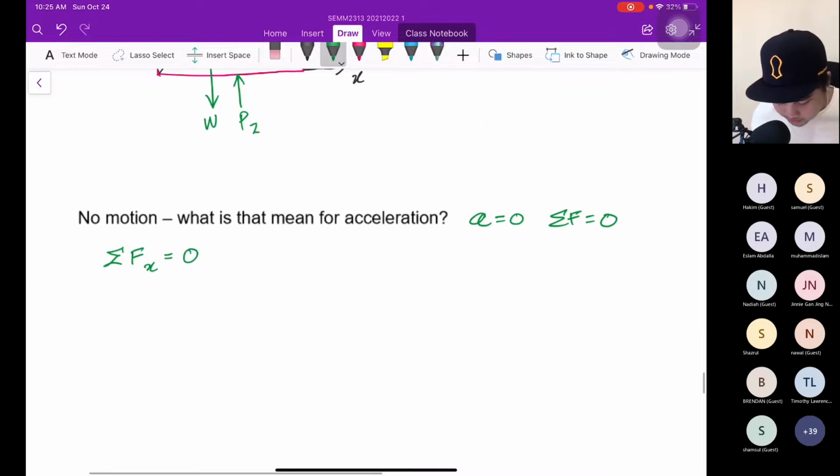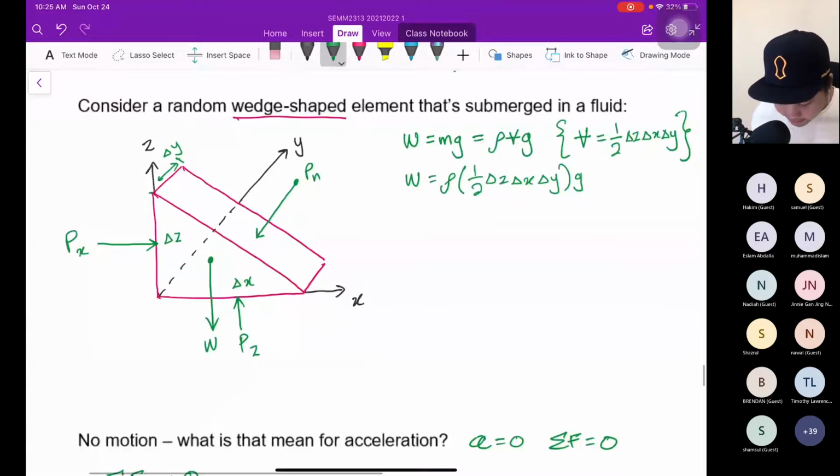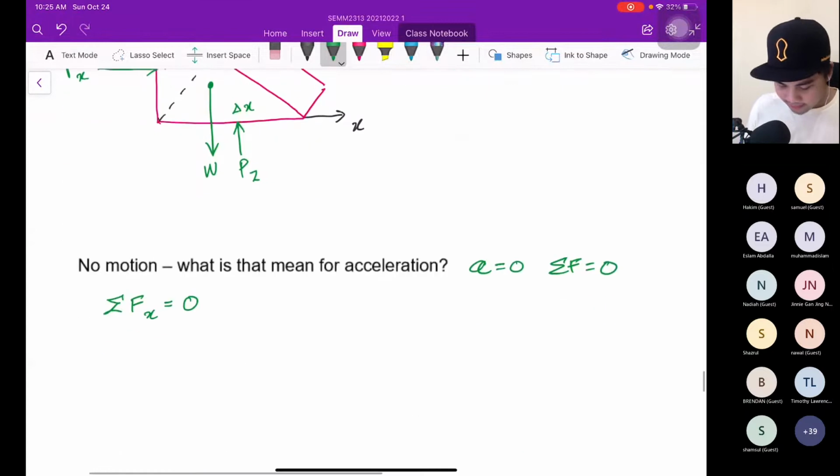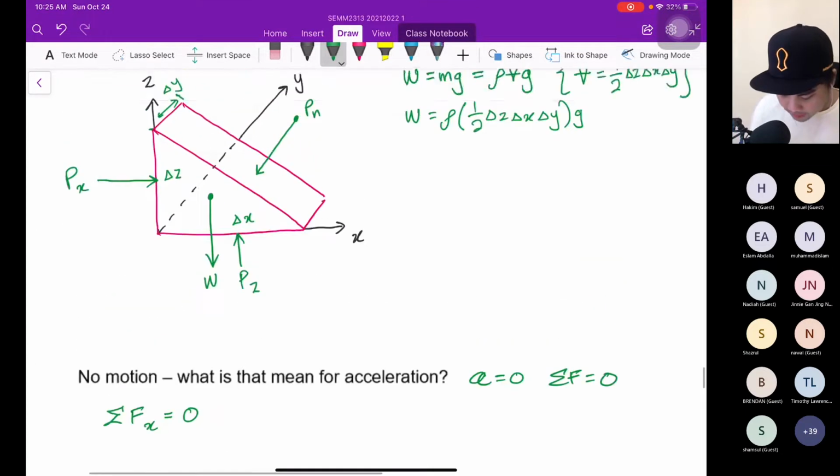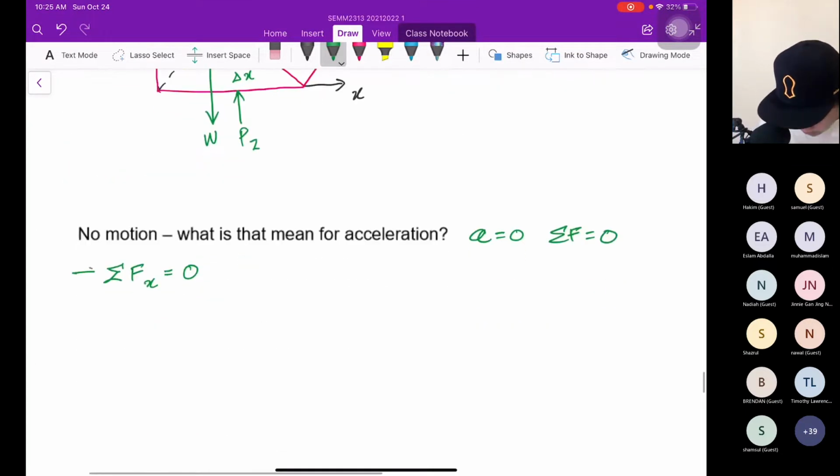So, what are the forces involved in the x direction? Anyone? Which is Px. Px is in the positive direction. We put it this way: to the right is positive.